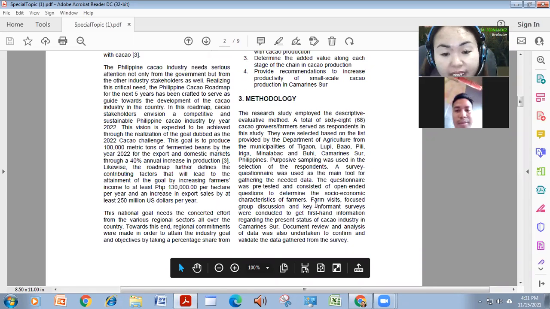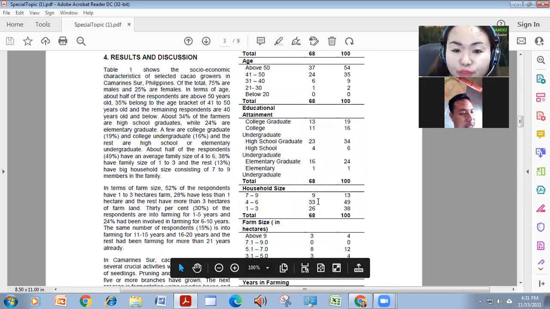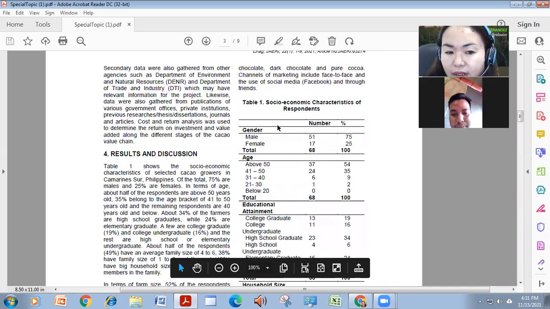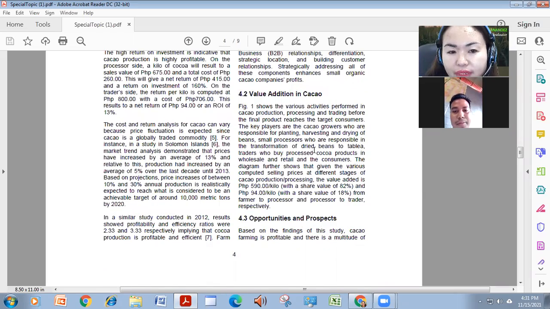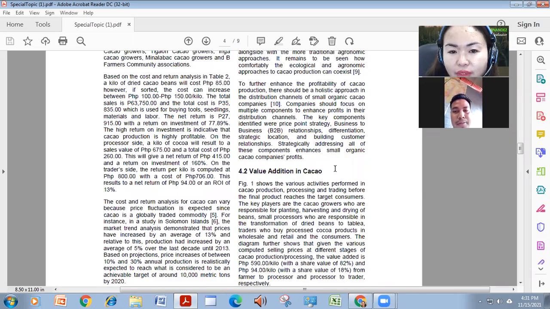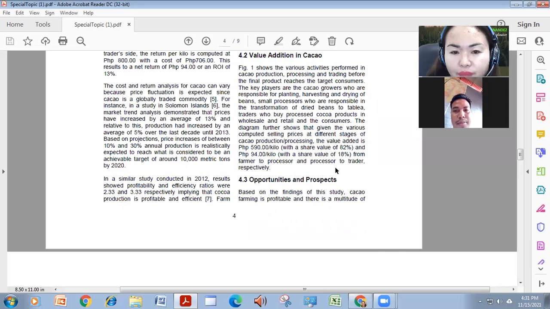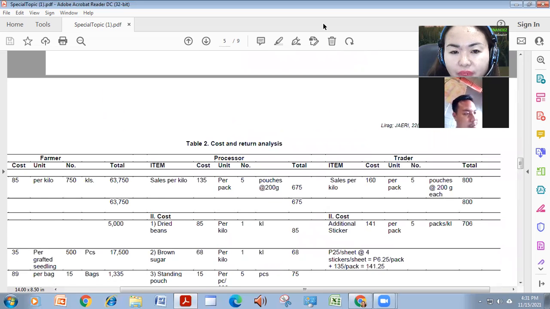If you notice, the author used a table and cost and return analysis of the cacao production.